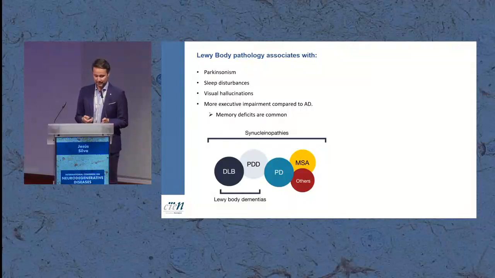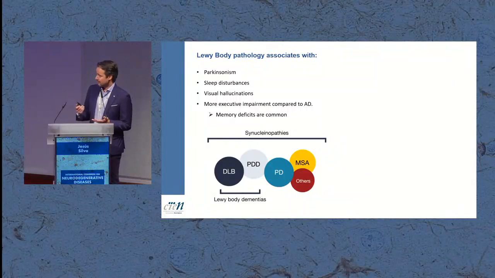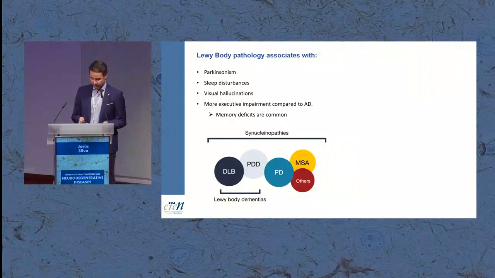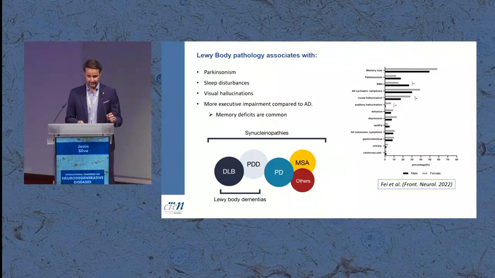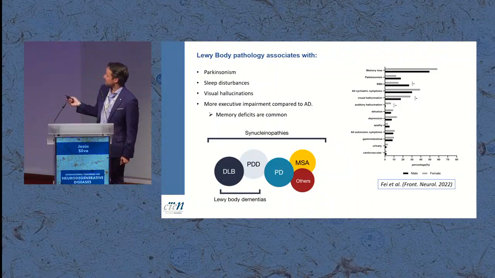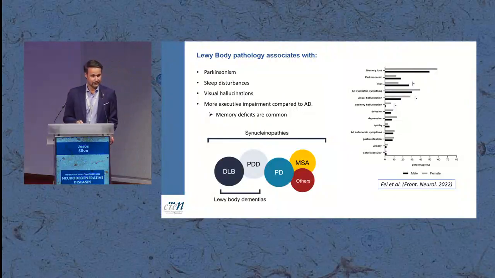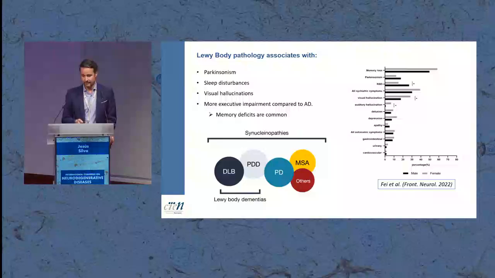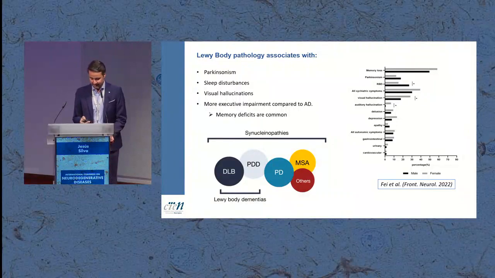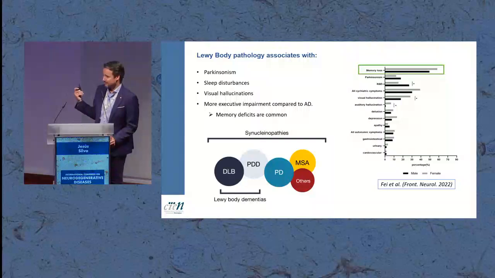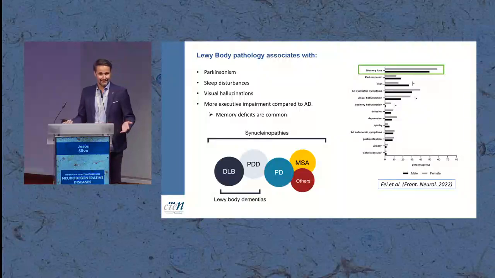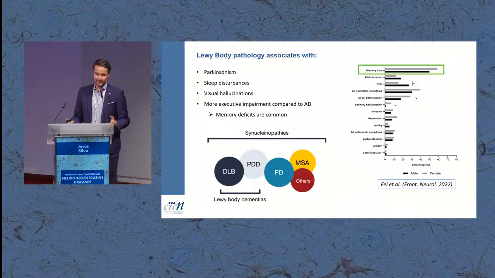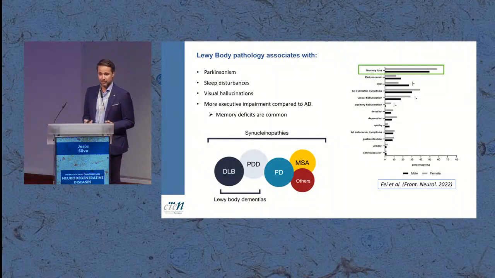This is what we may expect from Lewy body dementia and Parkinson's disease dementia also. But in early stages of the disease, we can see this very nice paper that examines a cohort of patients with dementia with Lewy bodies, and for most of them, their first reported symptom by the clinician is memory loss. So it's likely that these patients are exhibiting a more amnestic phenotype before they develop a full Lewy body phenotype.